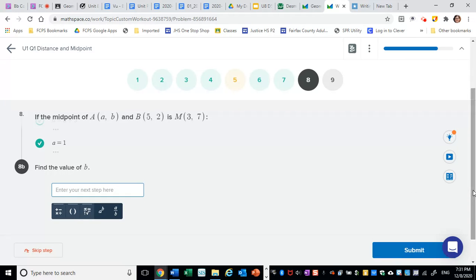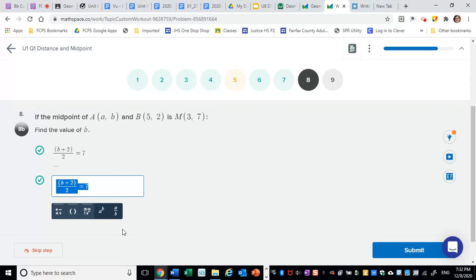All right, now the same way you find B. B plus 2, divided by 2, equals 7, where 2 is the y of point A. Okay, so that is the first step. And then to solve for B, first you multiply both sides by 2.